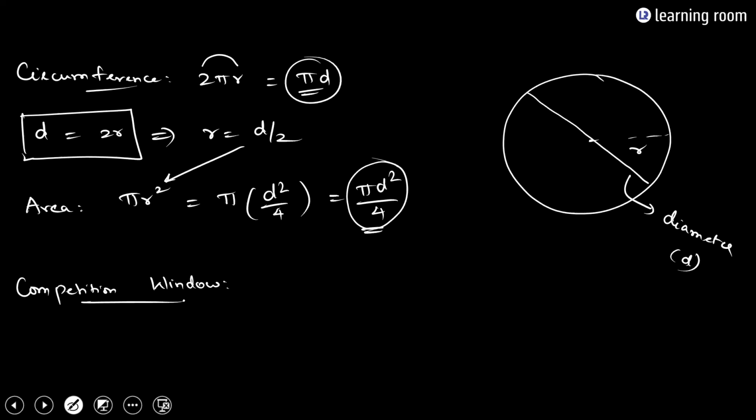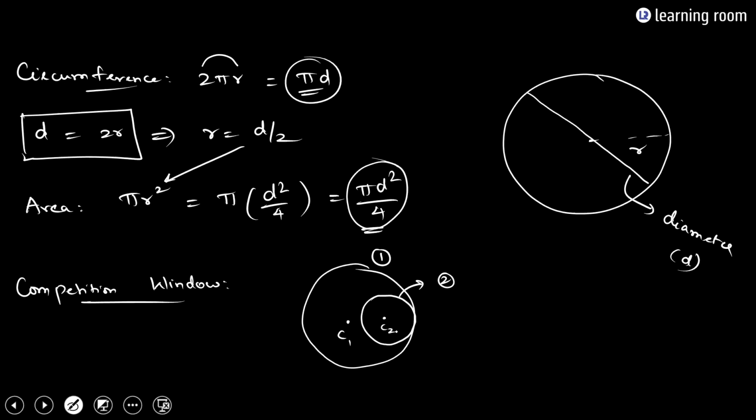If two circles touch internally, so let's say I have a big circle and a small circle which touch each other internally, then the distance between their centers will be equal to what? If I take this to be C1, the center of the bigger circle, and the second circle's center to be C2.